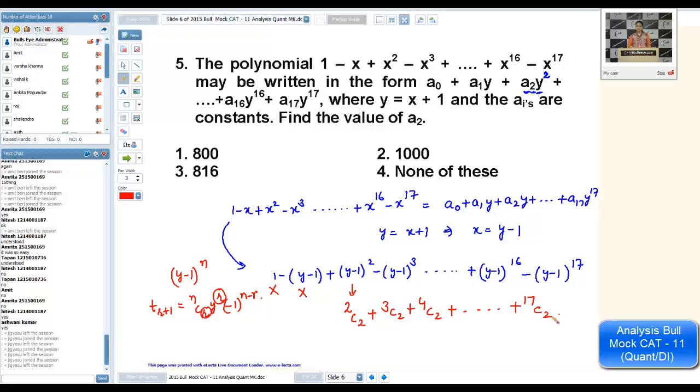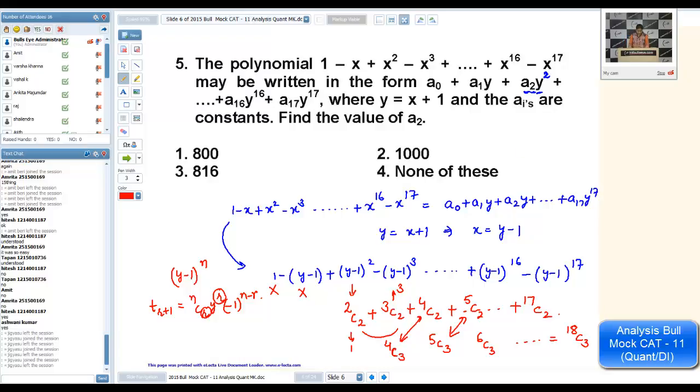Now you can solve it using combination formulas. 2c2 is 1 and 3c2 is 3, so combining I get 4c3. Combining with the next, I get 5c3, then 6c3, and in the same manner, 18c3. Solving 18c3, I get the third option, that is 816. Are you comfortable with that?